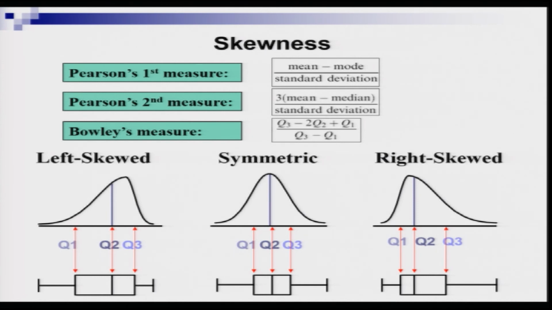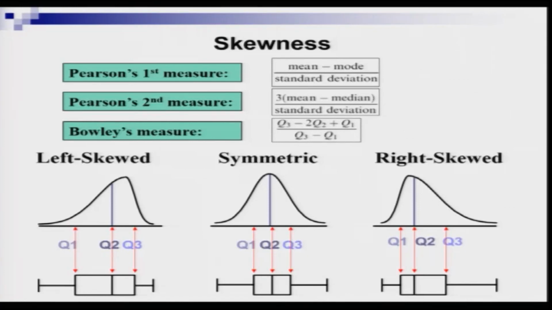And if we focus on the second measure of skewness proposed by Pearson, then that lies between minus 3 and plus 3. Note that in reality we can get three types of shapes for skewed or non-skewed distributions. Of course, one is symmetric, when there is no skewness, so skewness takes value 0, and then there is a positively skewed distribution, and then a negatively skewed distribution.